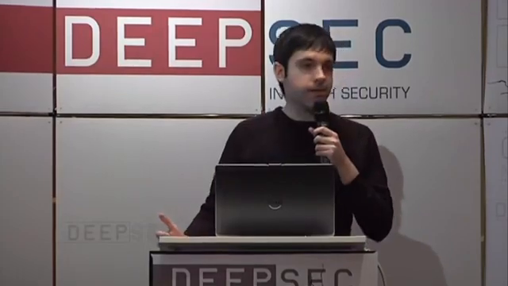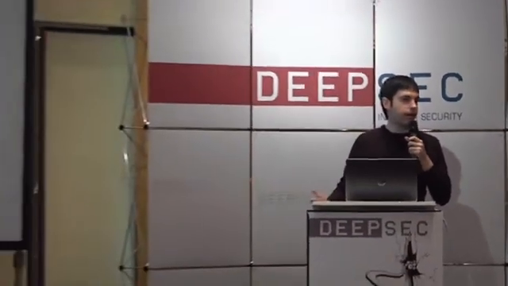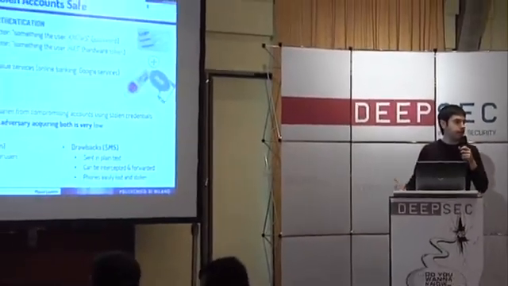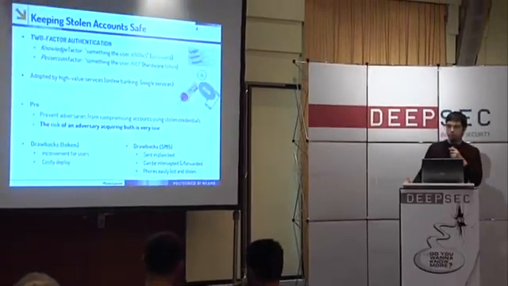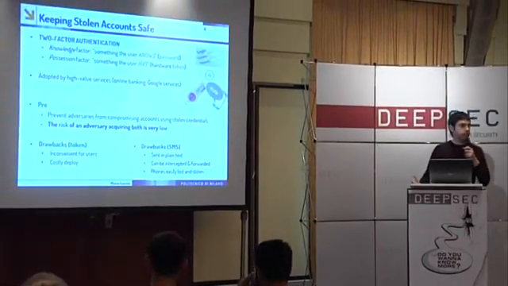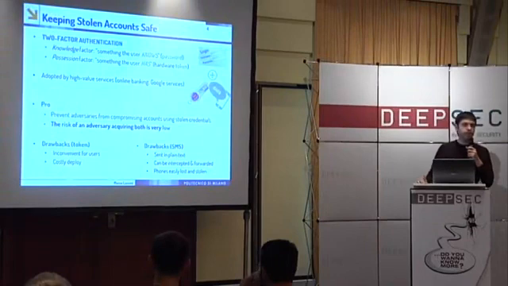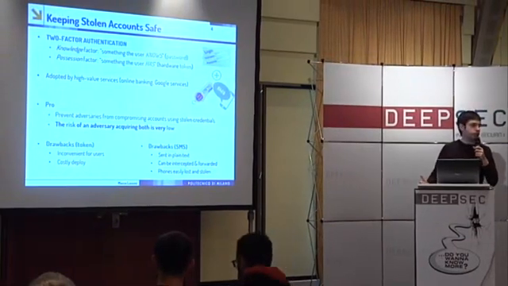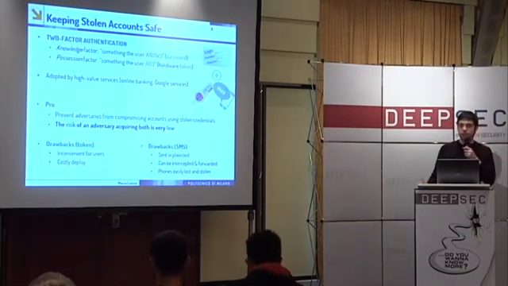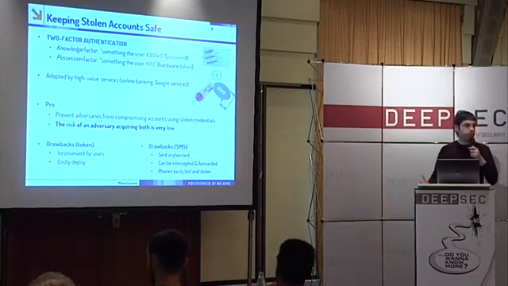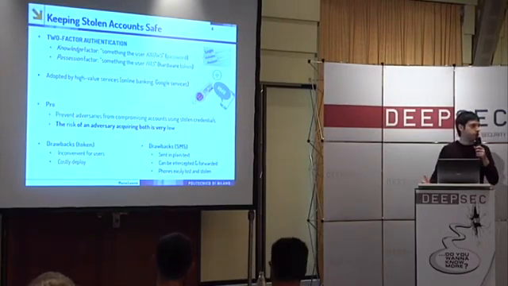So, high-end services like Google, online banking, LinkedIn, and many others in the last few months, in order to prevent adversaries from compromising accounts using stolen credentials, started adopting the so-called two-factor authentication, where users need to provide two separate pieces of information in order to authenticate.